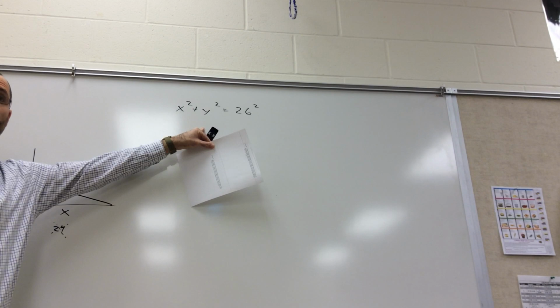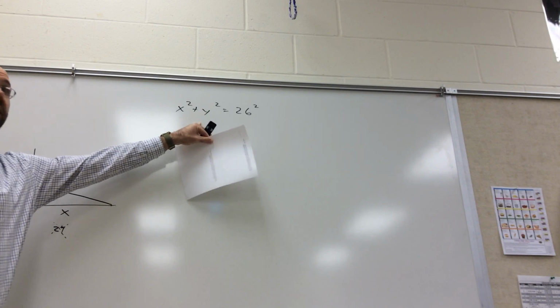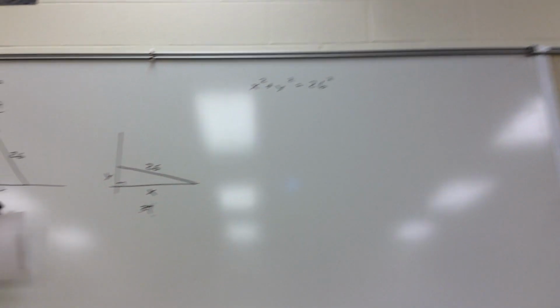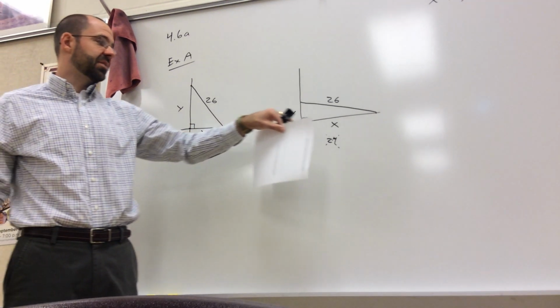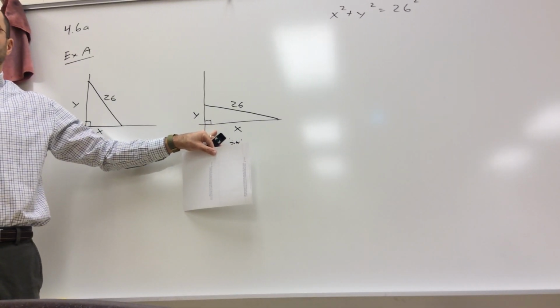And this is a useful equation, but it's got some limitations. The limitations are that it either applies to this picture or it applies to this picture, but it doesn't apply to both of them at the same time.